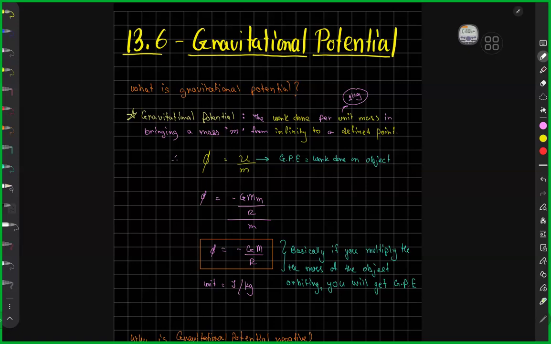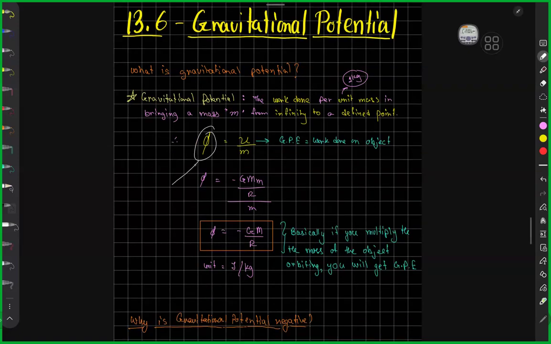So gravitational potential, similar to gravitational field strength, is simply the amount of energy required to bring 1 kg of object from infinity to any defined point. That is all it is going to be. Okay. So this is how gravitational potential will be written, and you will see this, so don't get confused by it.